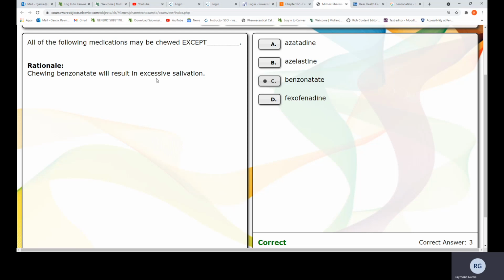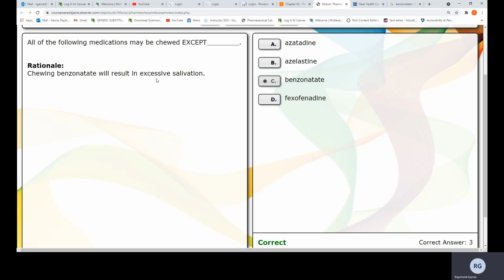Nasal. They're nasal. This is nasal, eye drop. I guess they make a solid form.